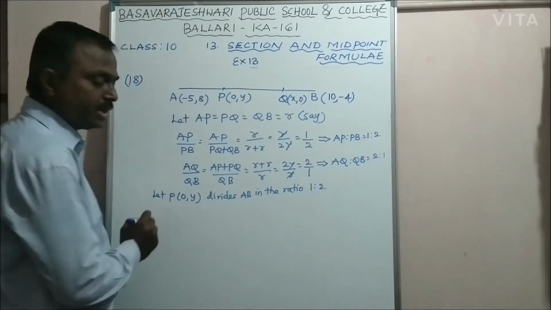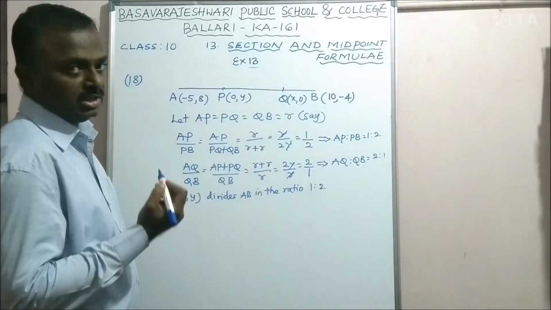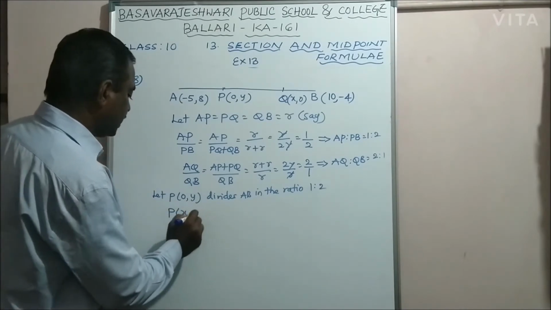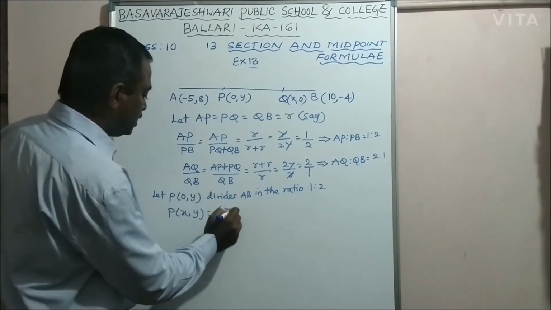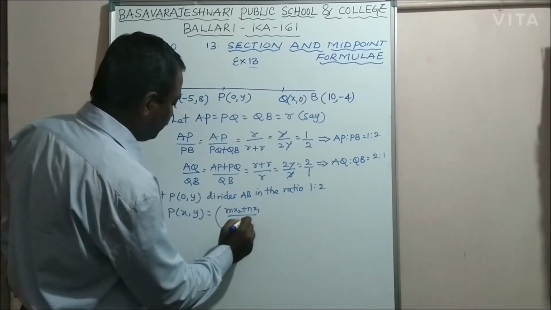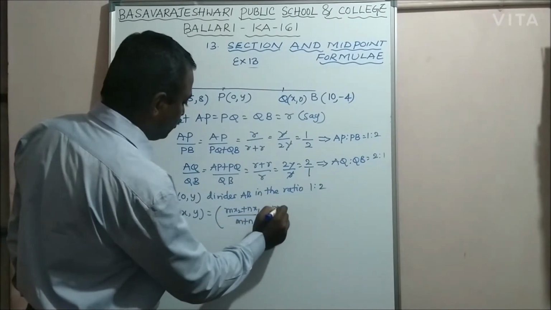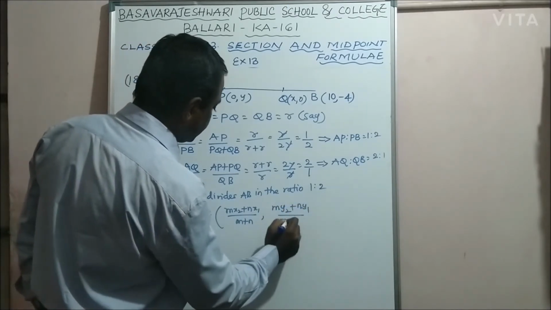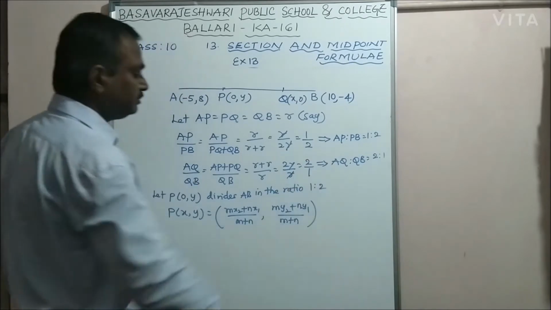So we have to use the section formula. P of x comma y is equal to mx2 plus nx1 by m plus n, my2 plus ny1 by m plus n.